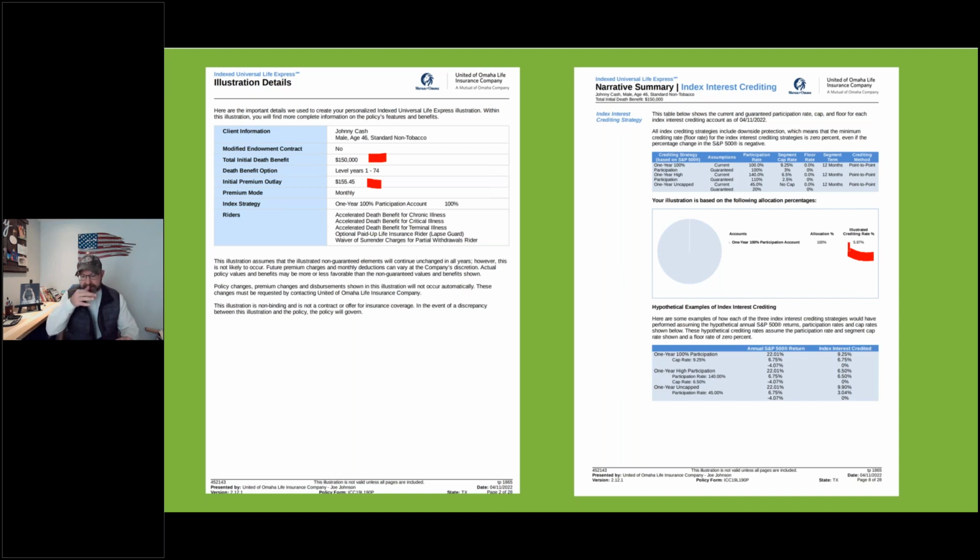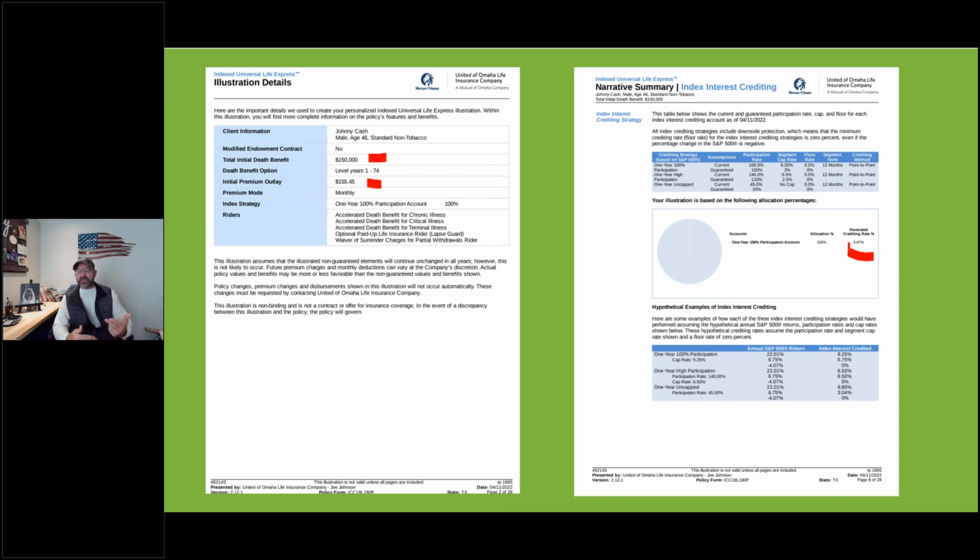The other thing that the client needs to understand is, Mr. and Mrs. Client, your premiums from this policy are not going into the stock market or the S&P 500. We simply use the S&P 500 as a credit strategy to determine how much interest you're going to get. So your money's not technically in the stock market. But if the S&P 500 goes up 7% next year, you're going to get 7% interest credit.